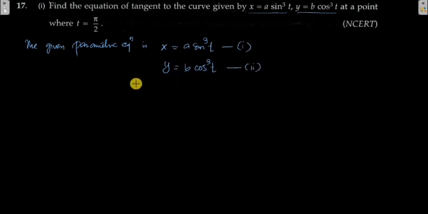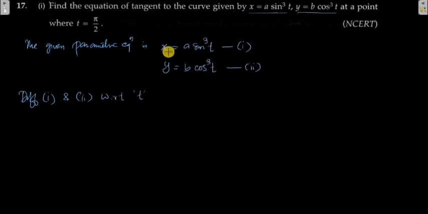Now all of you must be remembering how to find dy by dx for parametric equation. So first we find dx by dt, because you see the parameter is t out here. So differentiating 1 and 2 with respect to t, let's differentiate both of them.